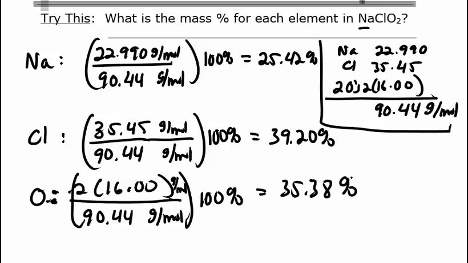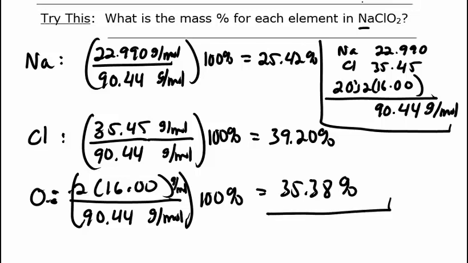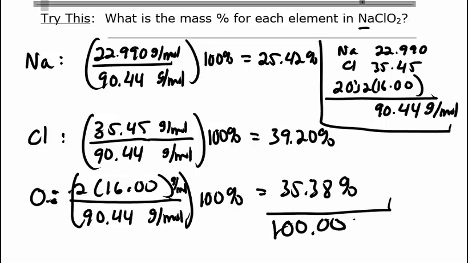Now, since I did all three parts of this compound, they should add up to be 100%, since I calculated for all of them. And if you add these up, these three will sum to 100% exactly.